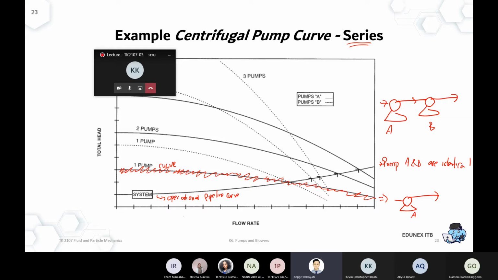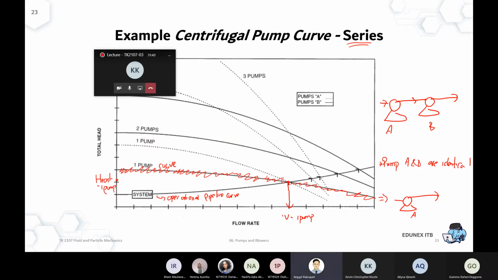See the intersection between the operational pipeline curve and one pump curve. The intersection is over here. That means that would be your natural flow rate if you only use one pump in single configuration, V1 pump, and more or less that would be your head for one pump.